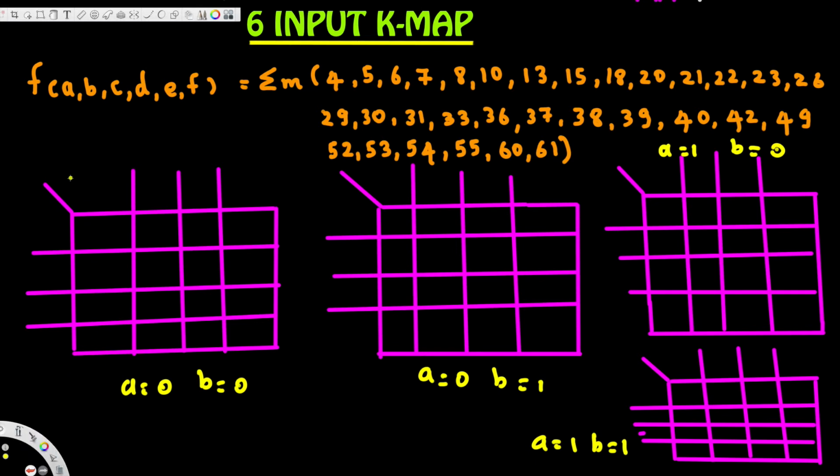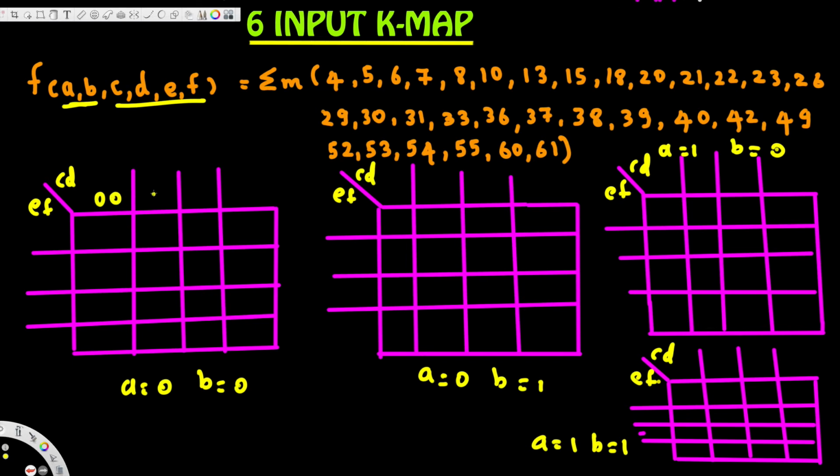Okay, now let's go ahead and number this. Here C, D, E, F remain, because A, B we took already. So we put C, D here and E, F for this one, and the same for each table. Now we are going to number inside, but let's number the outside, top and this side first.